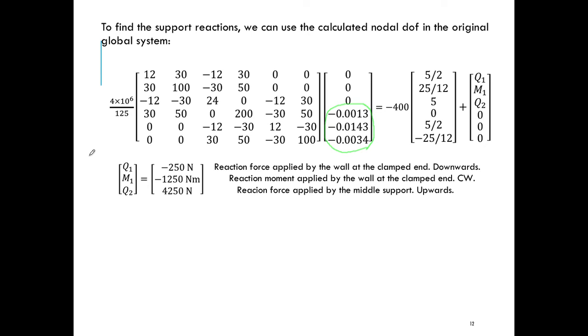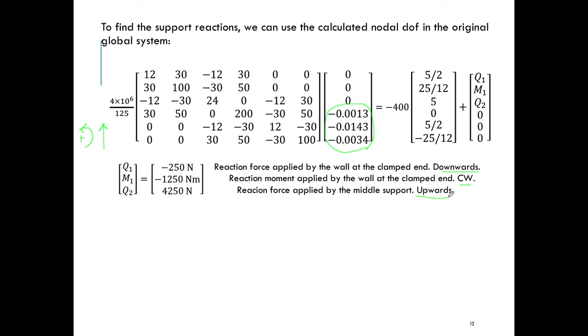The sign convention is upwards positive and anti-clockwise positive. So if minus comes, that means the support reaction is acting downwards. If M1 comes out negative, that means the moment at node 1 is acting clockwise because it's negative, and Q2 is positive, so that's an upwards acting reaction force.